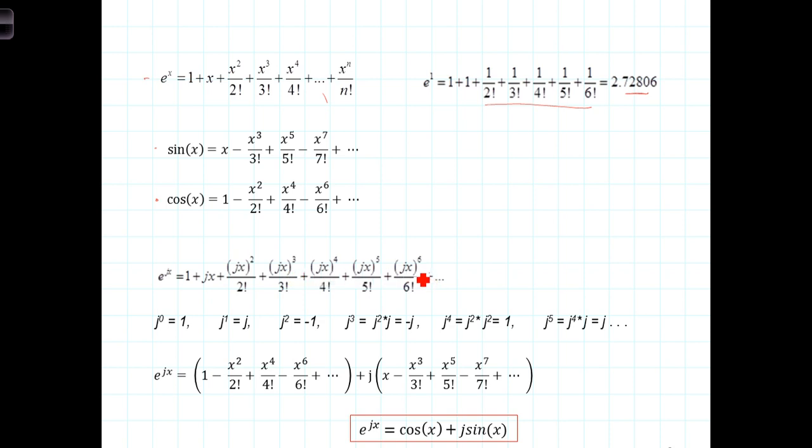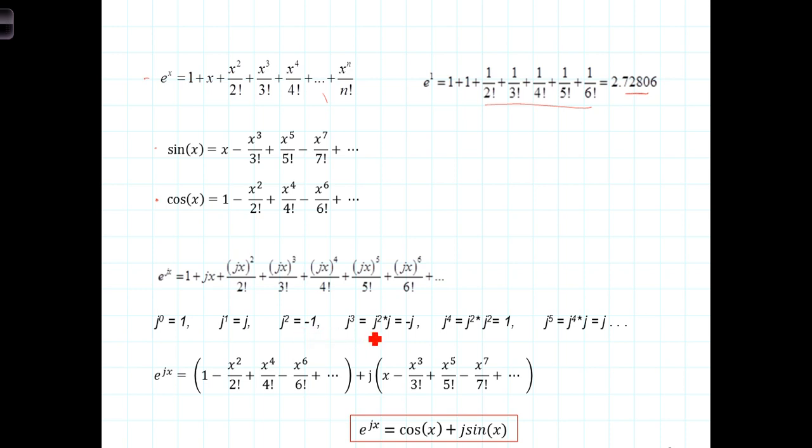Let's take a closer look at what happens as we raise j to ever-increasing integer powers. Well, j to the 0th is 1. J to the first power, of course, is just j, and again, j is equal to the square root of -1. J squared would be the square root of -1 squared, or -1.